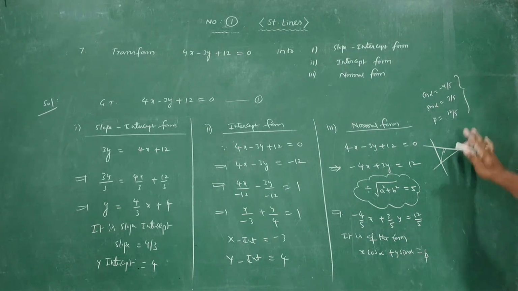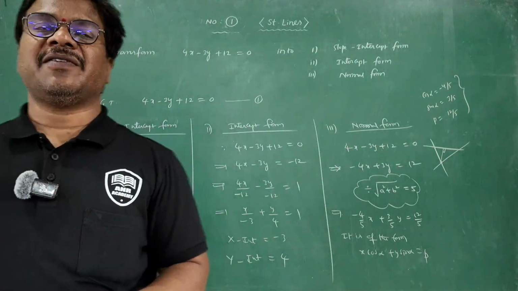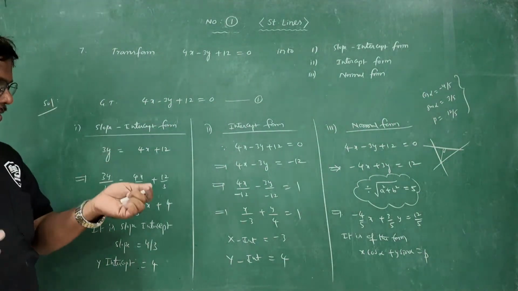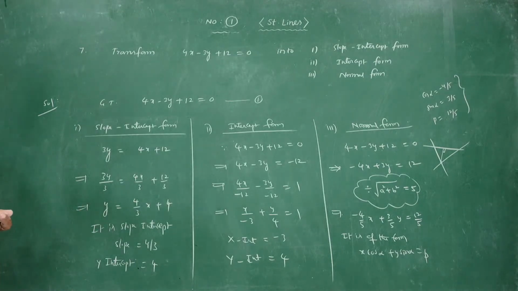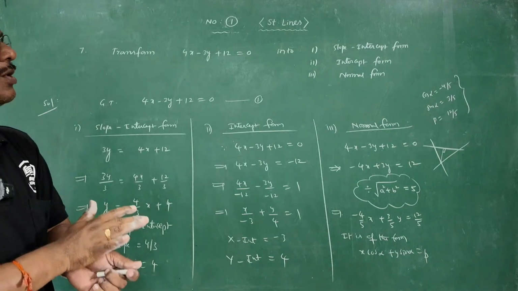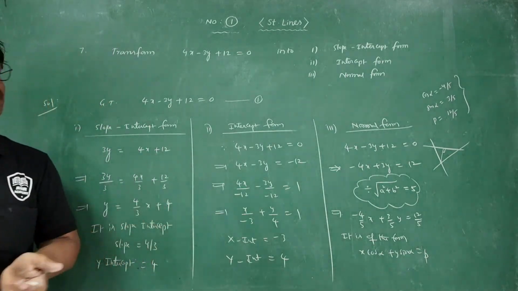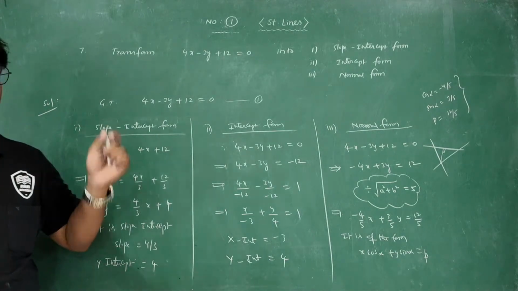You have to mention all the 3 finally. So this is the way of deducing the solution to this question, transformation of the general equation into slope intercept form, intercept form and normal form. This is question number 1 from the topic straight lines.